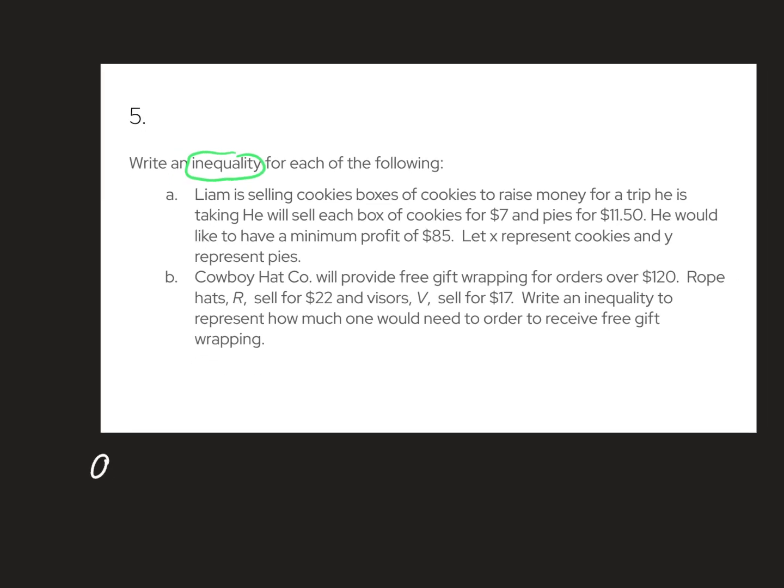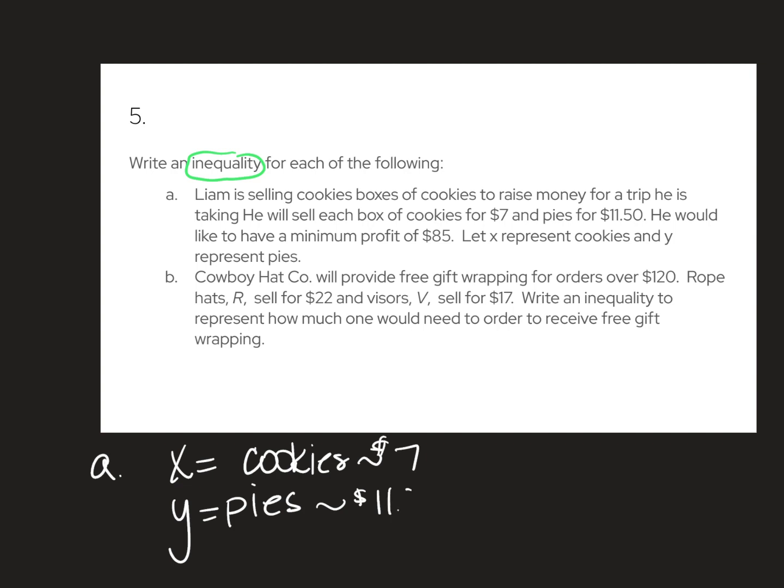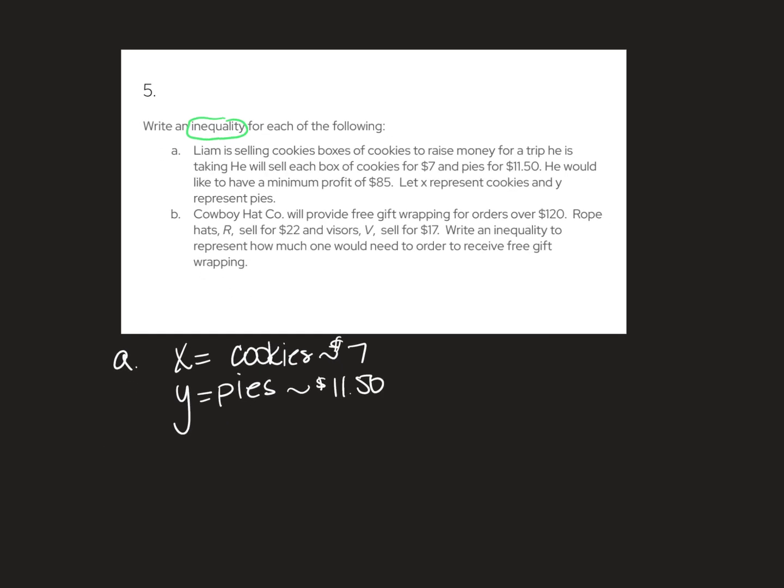So for A, I'm going to let x be cookies, and I'm going to let y be pies. Okay, so one of the things that goes with that is that money. So cookies are selling for $7 and pies are selling for $11.50. Now it makes it much, much easier to write my inequality.